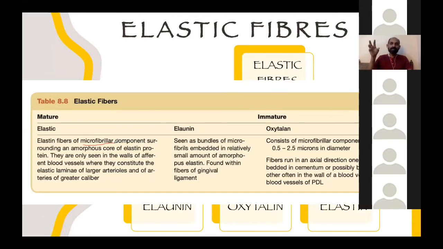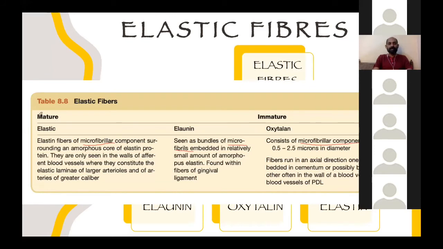The bundle is not present here. They comprise only the microfibrillar component, so they are very delicate, very thin, immature fibers. Although we call elastic mature, they still have only the microfibrils. They have not gone to the extent of forming a bundle. So all these three will have microfibrils, and their arrangement is only till the microfibrillar component.